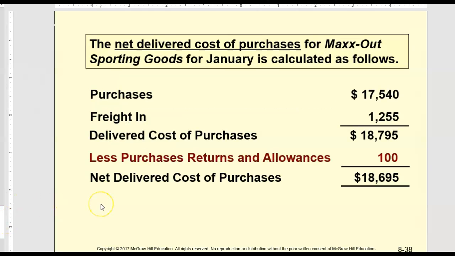So if I was to give you a problem and say, tell me what my purchases are for Max Out Sporting Goods for the month of January, here's an example. I purchased $17,540, I spent $1,255 in freight. That means the total I spent is $18,795. I had a discount of $100, and there's your total: $18,695 is what you would owe.